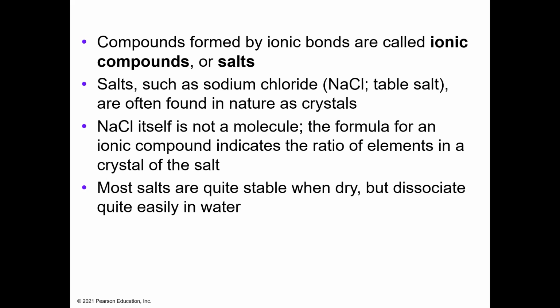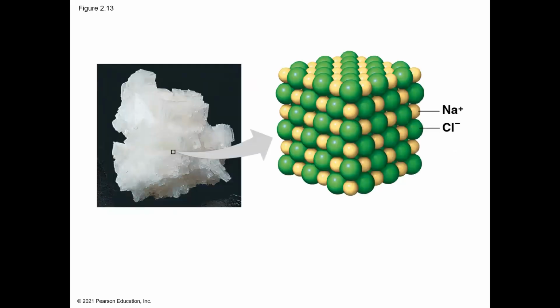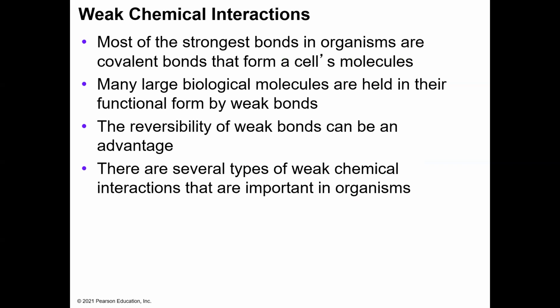But when exposed to water, they will very easily dissociate and dissolve in water. So sodium chloride, table salt in nature, will form these crystalline structures just based on their chemical structure and how they like to bond together. But when exposed to water, they will dissolve. And because of that, ionic bonds are considered a weak bond.